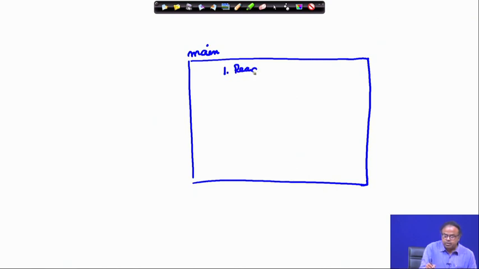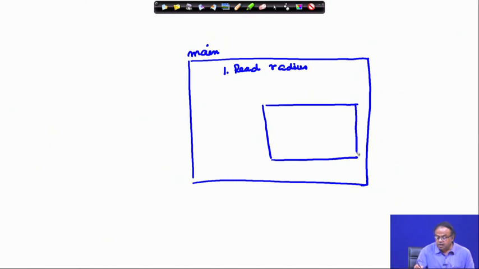I am writing in pseudocode: I have read the value of radius, and there is a function called my function.